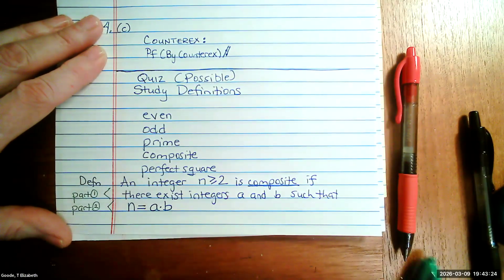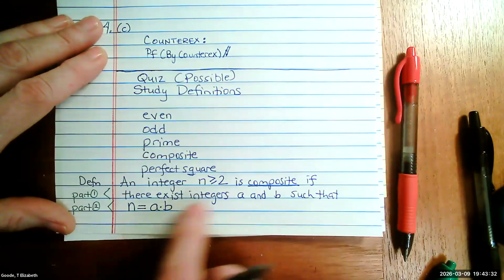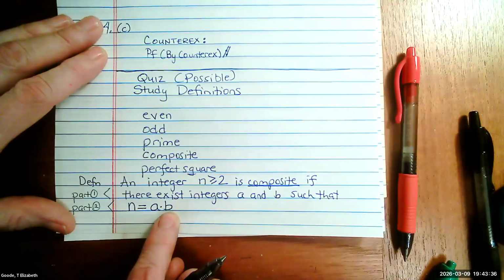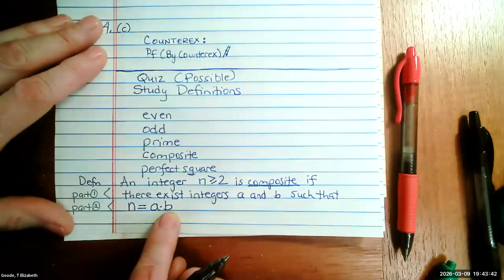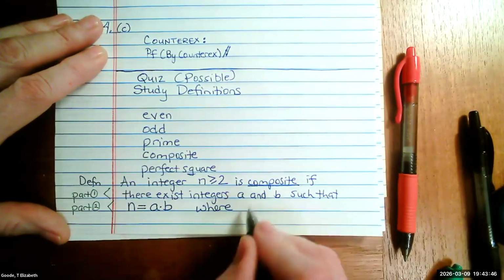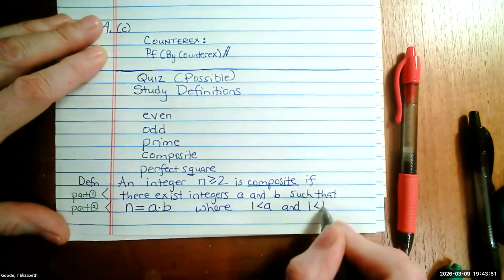You can think of your favorite composite number. What's your favorite composite number? 32. Great. So 32 can be factored as what times what? 32 can be 8 times 4. Exactly. And then the last part is that 1 is less than a and 1 is less than b.